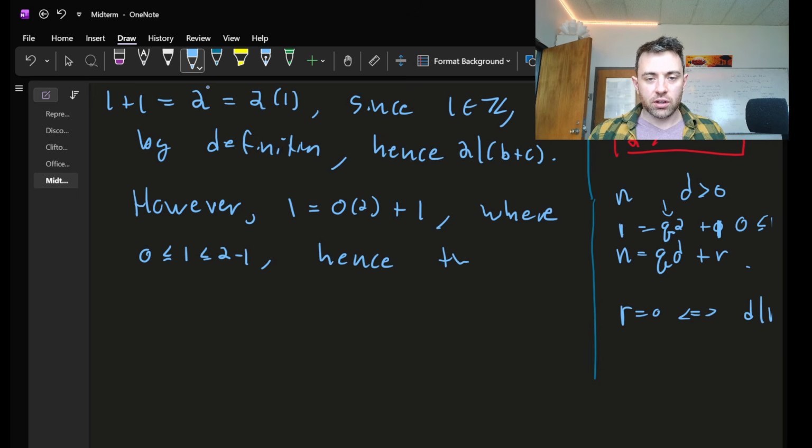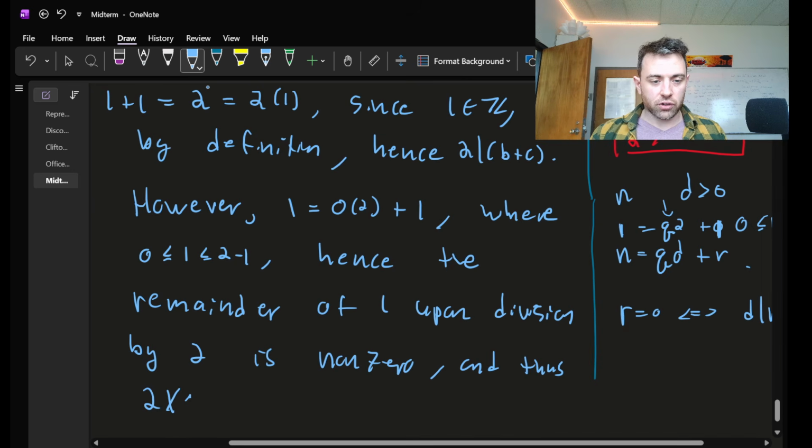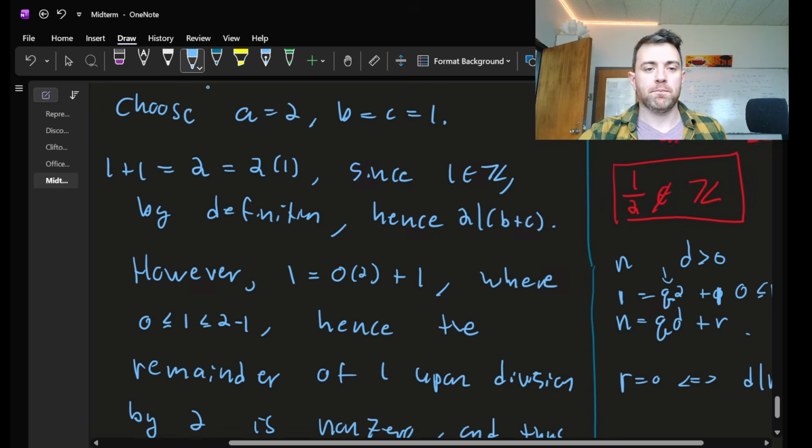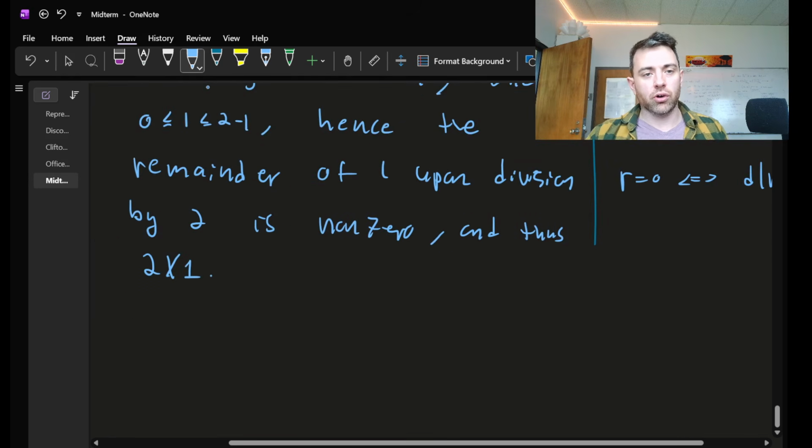Hence, the remainder of 1 upon division by 2 is non-zero, and thus 2 does not divide 1. And we're done, right? Because we've now verified at least one of the two statements in an OR statement. So we are finished with that proof.